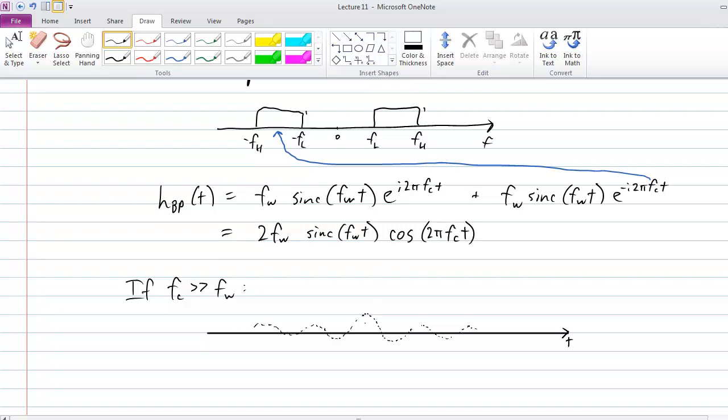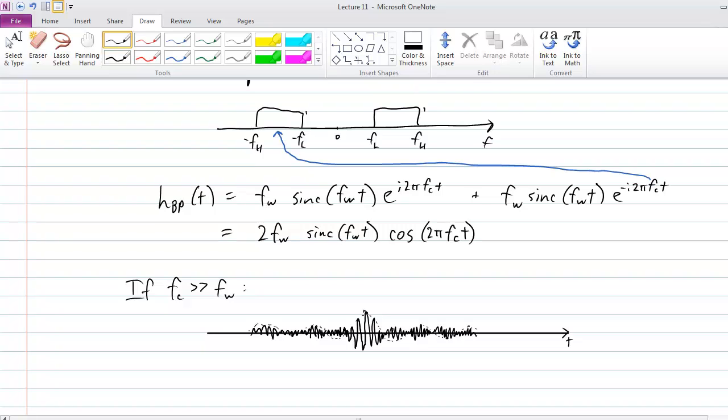Okay, and you have a cosine that goes like this. So you see what that product looks like.